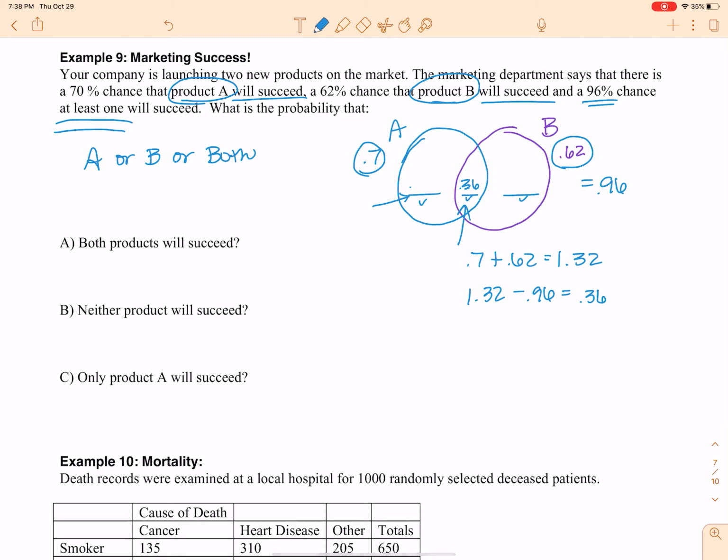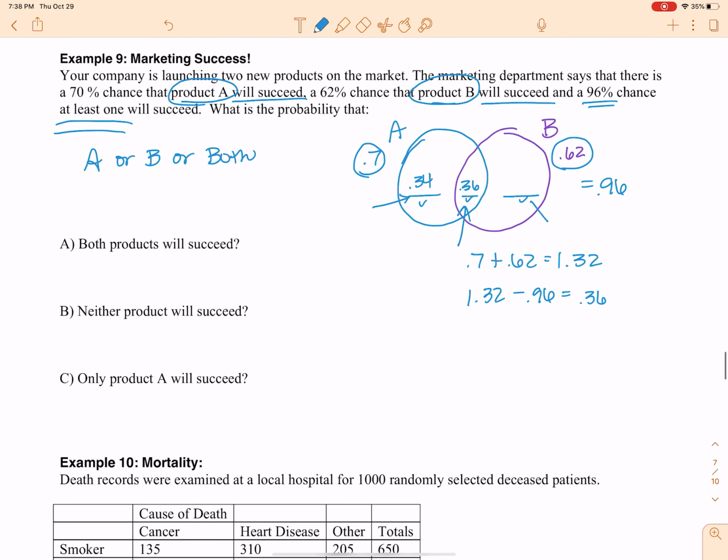So that gives me 0.34. And then I can easily find this blank because I just subtract 0.36 from 0.62, which gives me 0.26. Make sure I added that correctly.